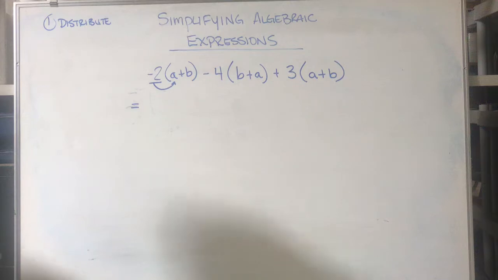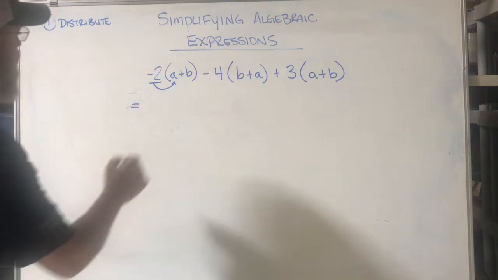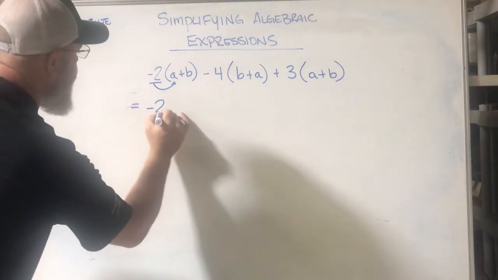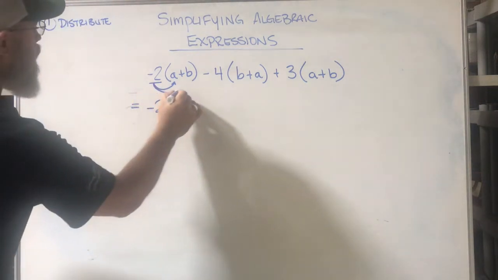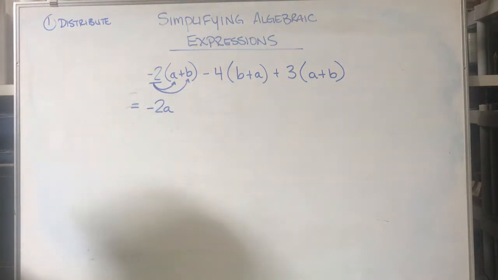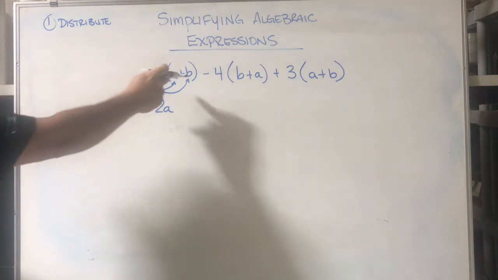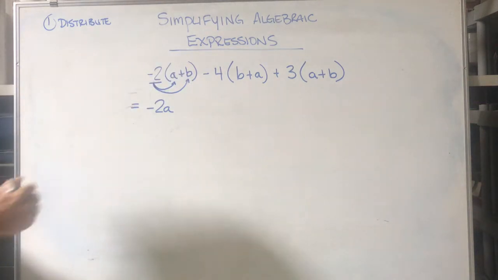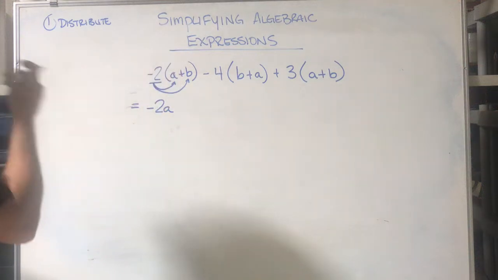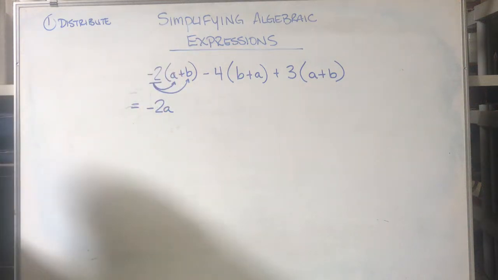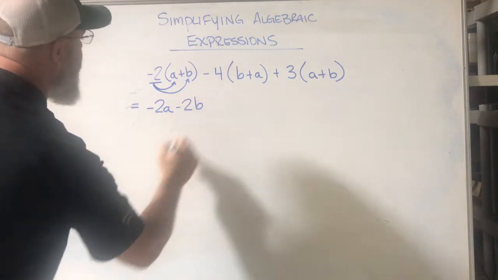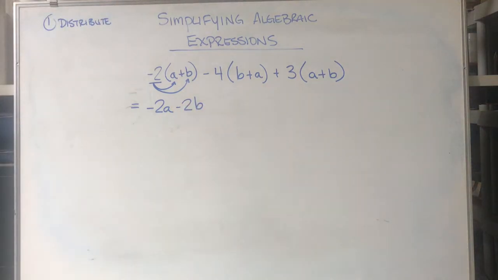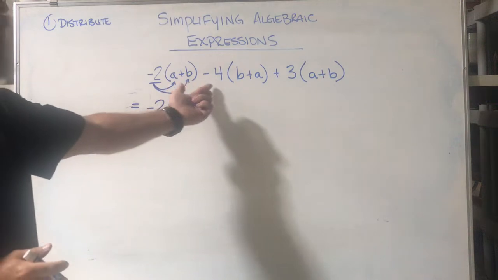So negative 2 times a is negative 2a. And then I'm going to multiply my negative 2 times a positive b. Well, when I have a negative and a positive, that is going to be negative 2b.